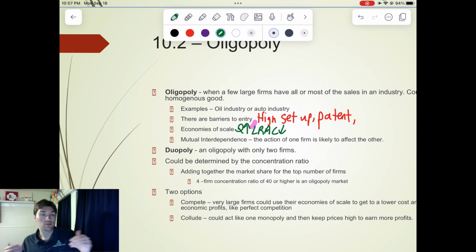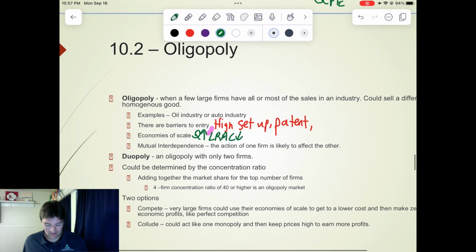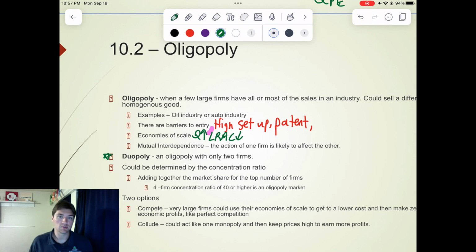So that's how they're mutually interdependent: they're so large that their decisions really could affect somebody else. And we'll get into the game that they play with each other. If it's a duopoly, that means there's two firms, but most of the time we're going to be dealing with oligopolies, where there are multiple.